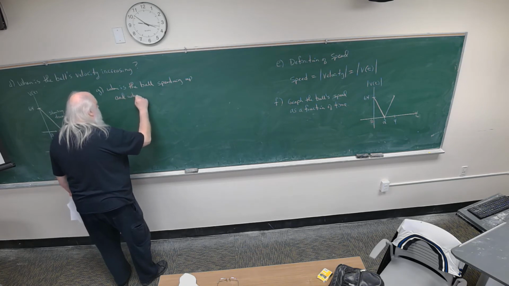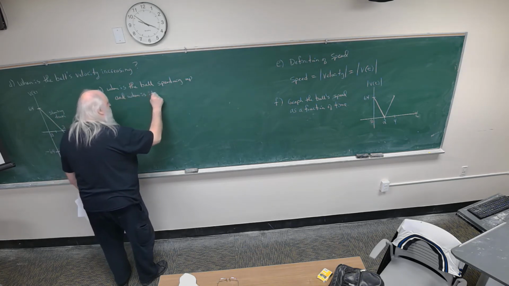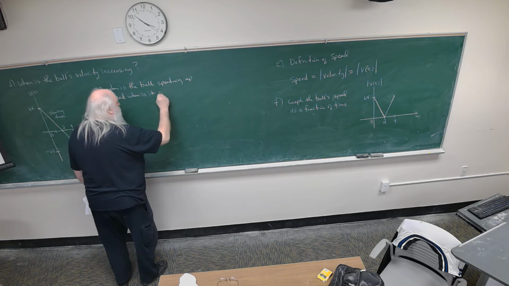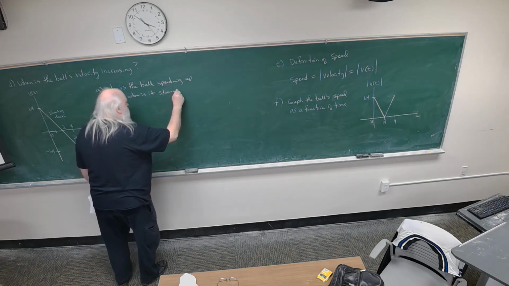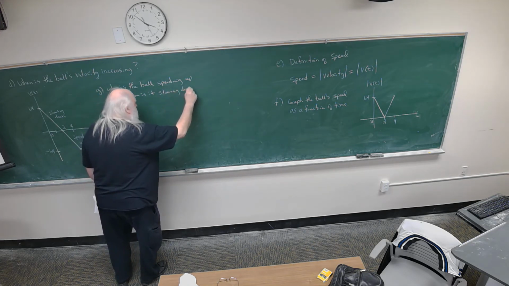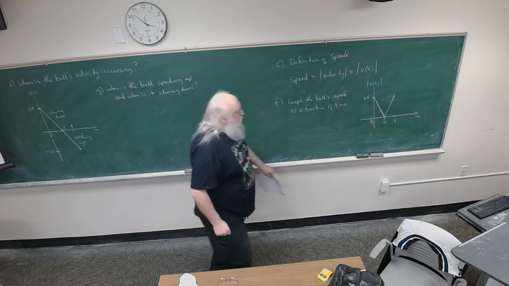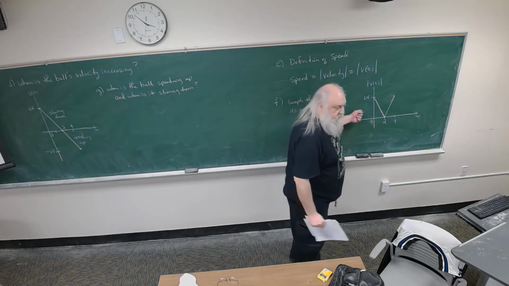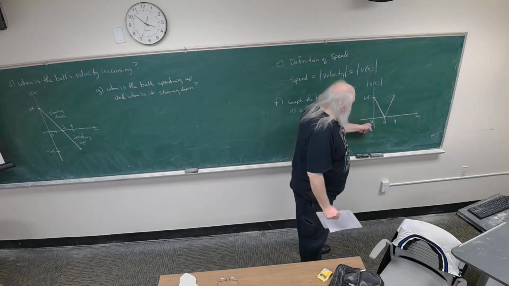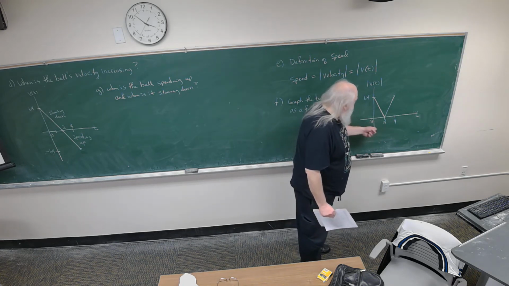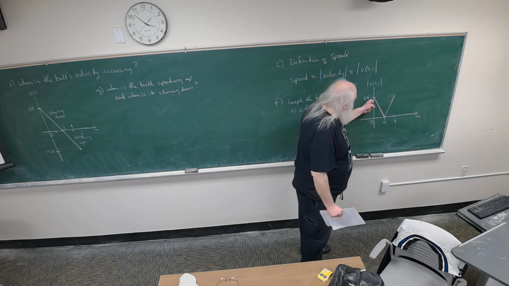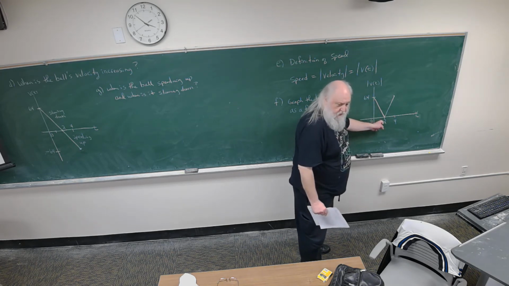And when is it slowing down? We can answer it from over here with the speed graph, right? From t equals 0 to t equals 2, the speed goes from 64 to 0, right?